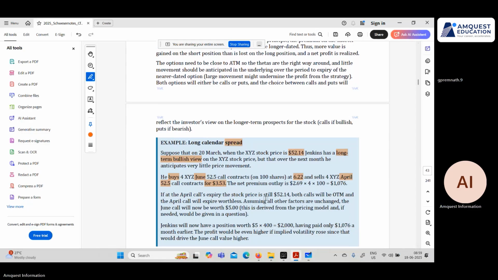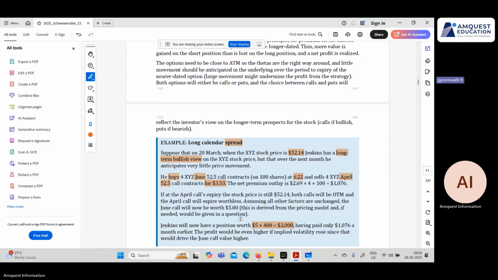Now think about this. If he had to buy it in April, he should have paid 5 into 400, 4 units of this per 100, so 2000. Assuming that he hasn't done any of these things before, Jenkins will now have a position worth 5 into 400.